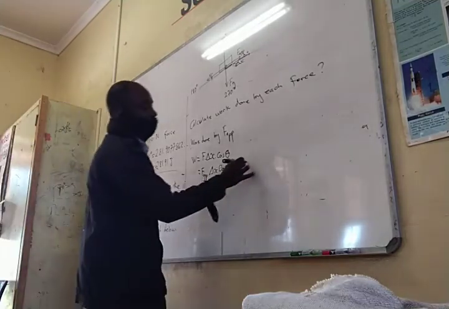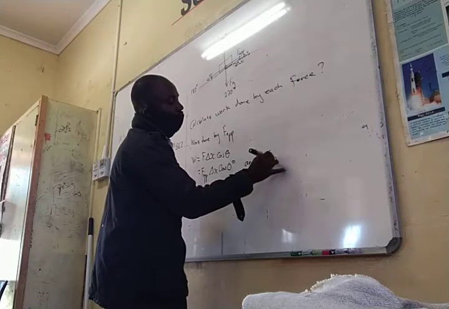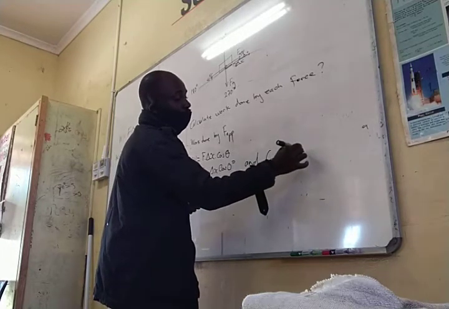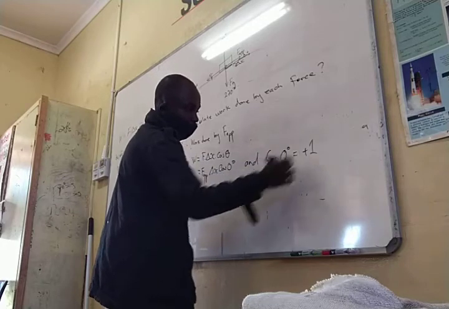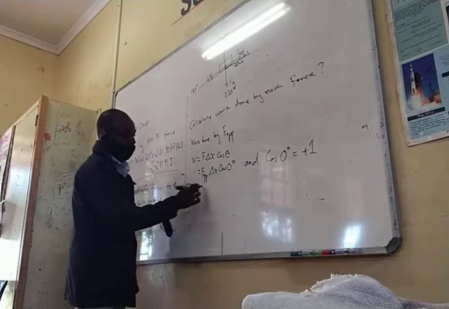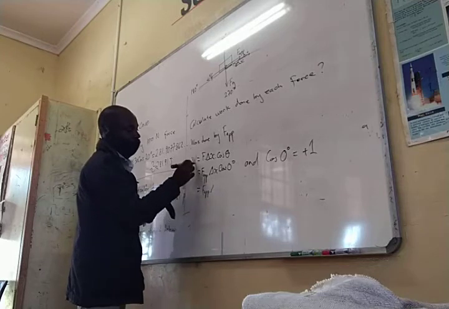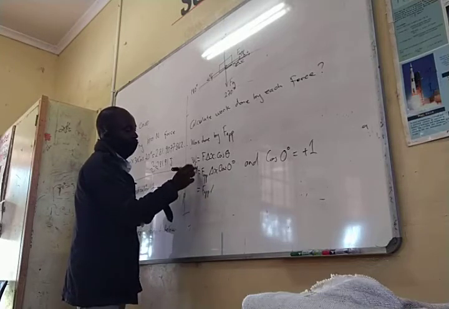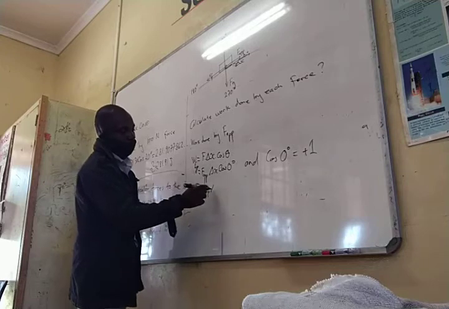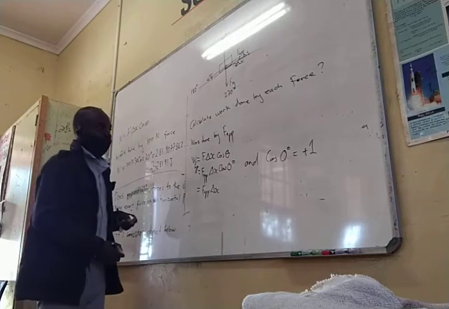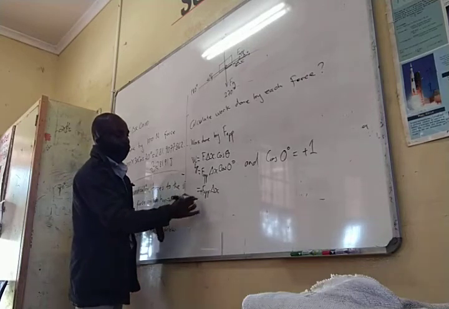So cos of 0 degrees gives you positive 1. Therefore the work done by the applied force is F applied delta x. So the answer is positive.